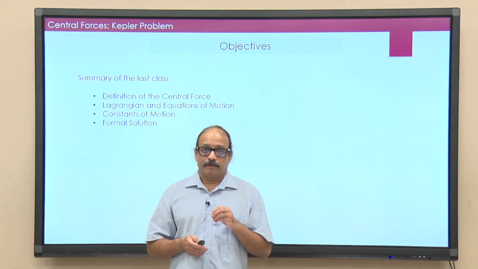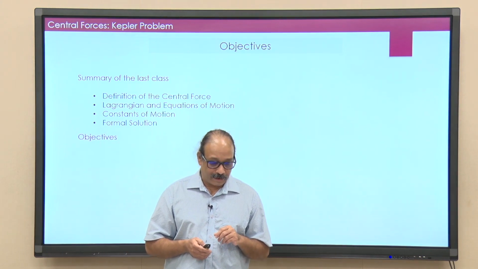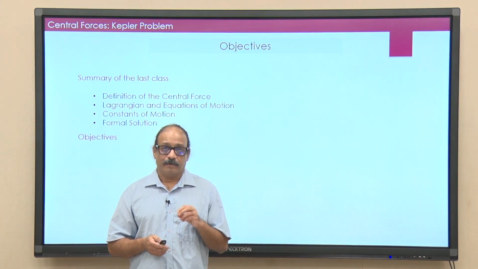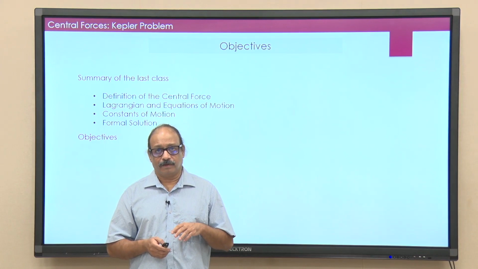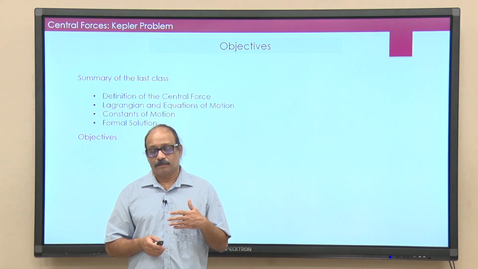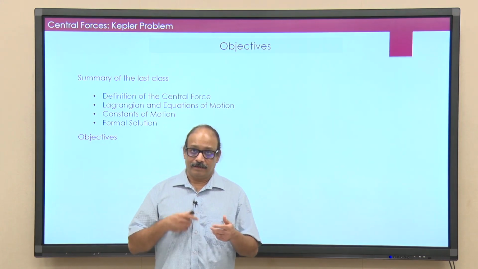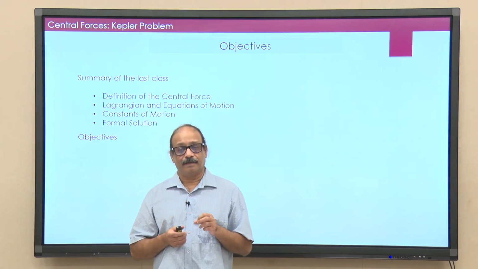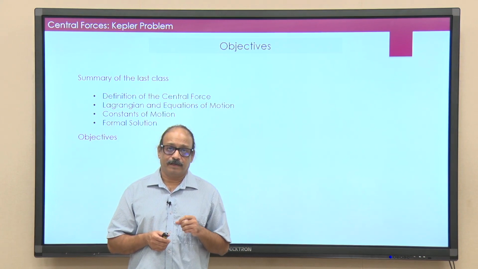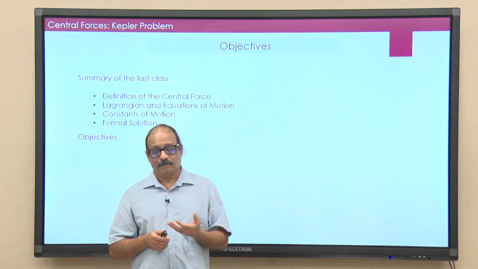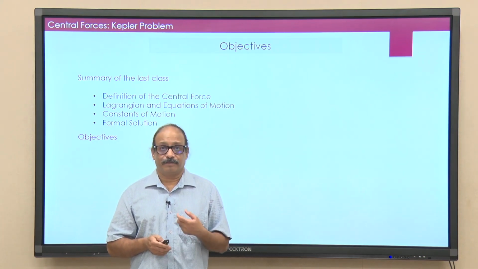Okay. In today's class, whenever we talk about central forces, the things that come to our mind are the planetary motion and the orbital electrons in atoms. And typically when we think about those, all we talk about are the orbits.